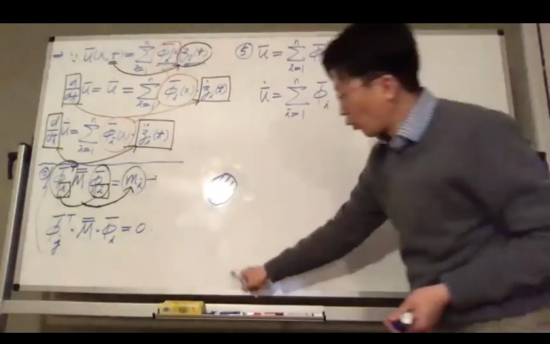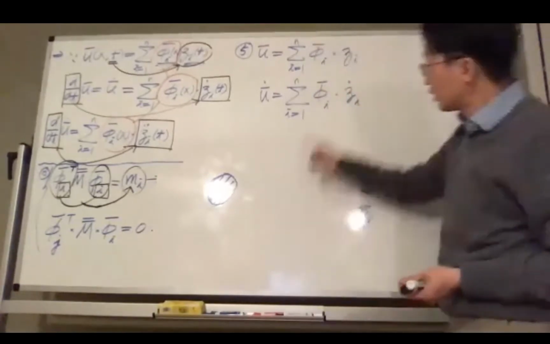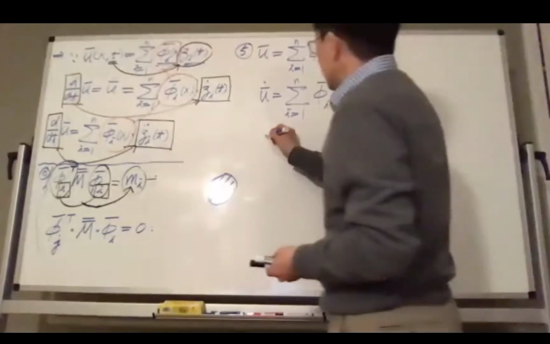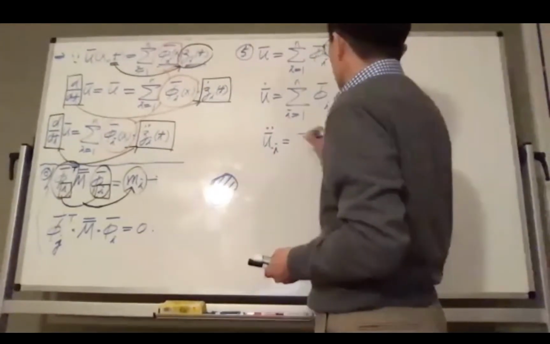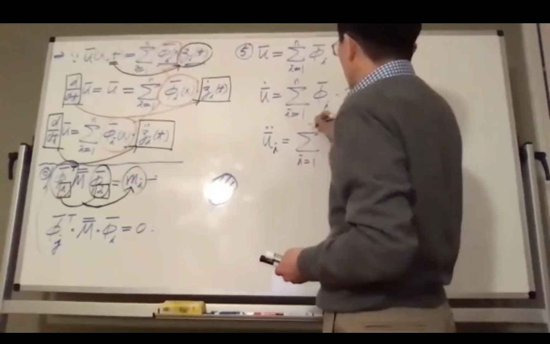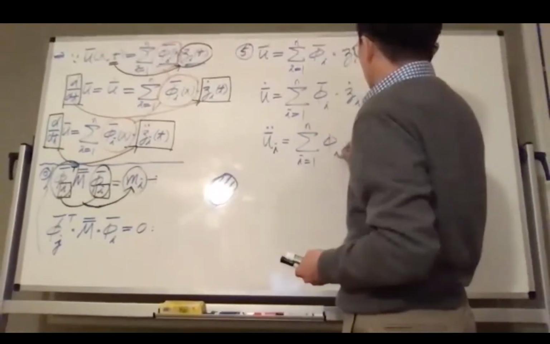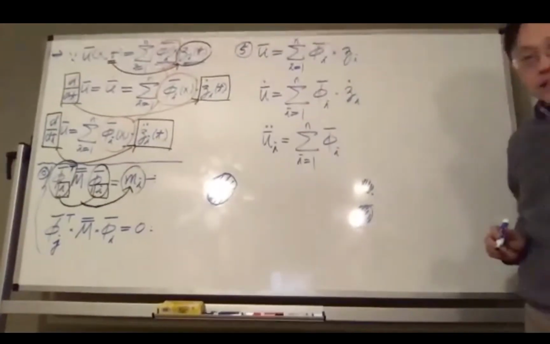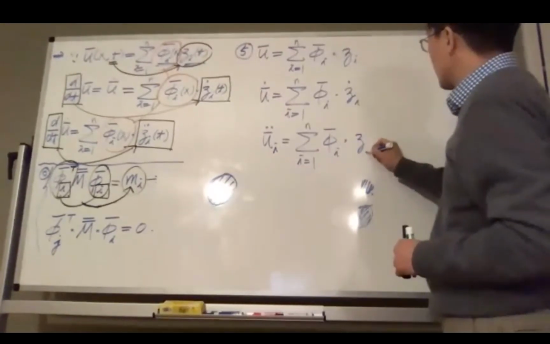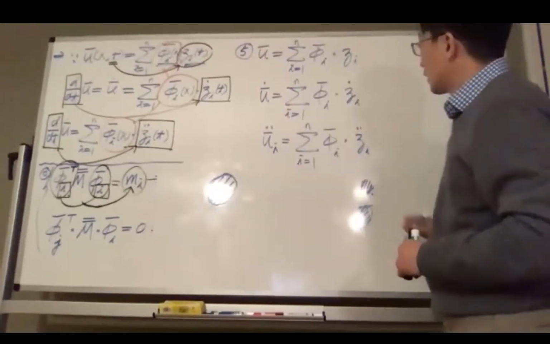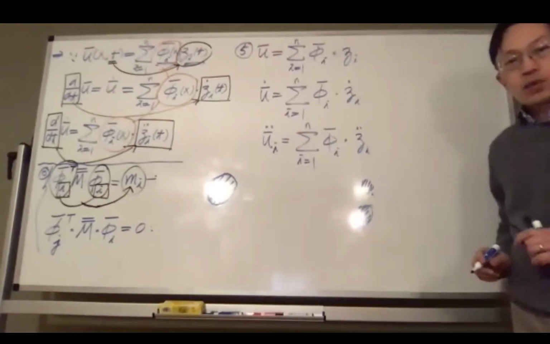So in step 4, you already have the expression of z of t, differentiate to get this one. Similarly, for the last one, acceleration, it's just going to be the summation from i equals 1 to n of the product between the mode shape vectors and the second-order time derivative of generalized coordinates.